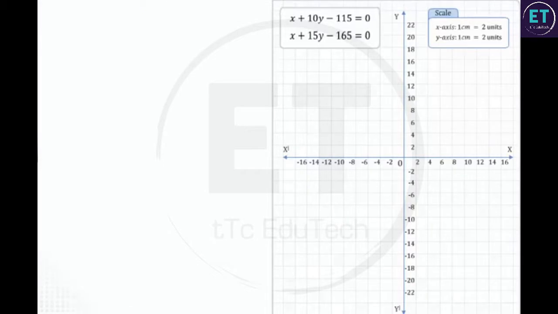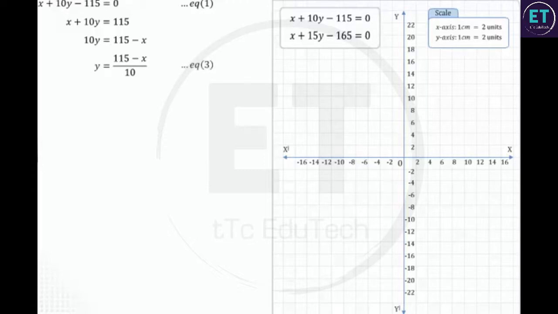In order to plot the linear equations in two variables, we will have to find at least two ordered pairs for each of the linear equations. Let's consider equation 1. Next, we'll regroup the equation such that y is the subject, or y is on the left-hand side of the equation. Let's call this equation 3.